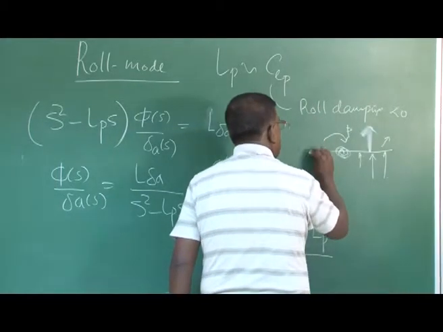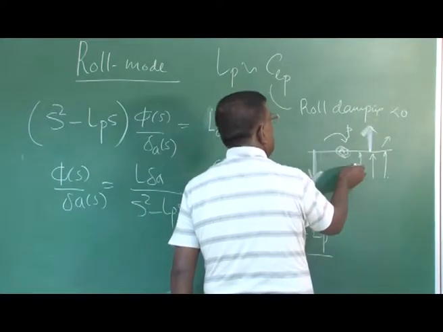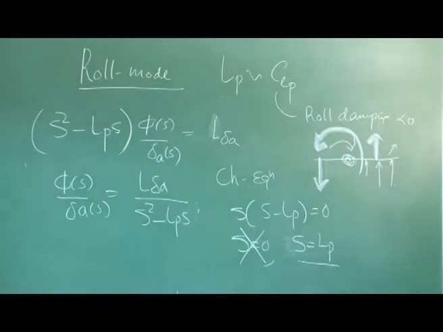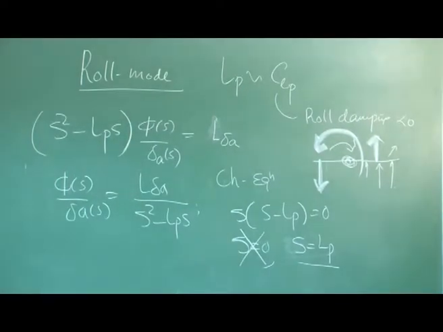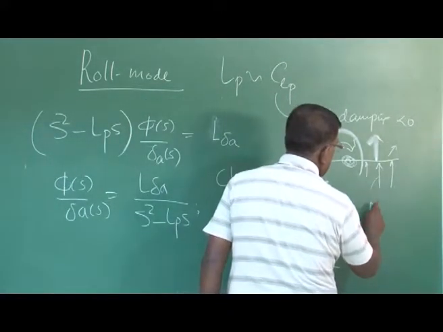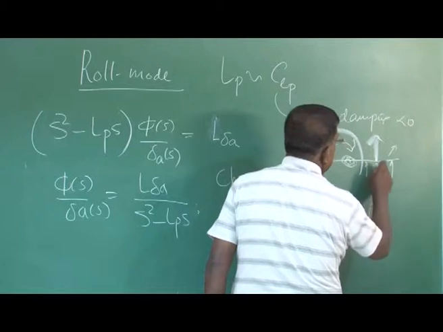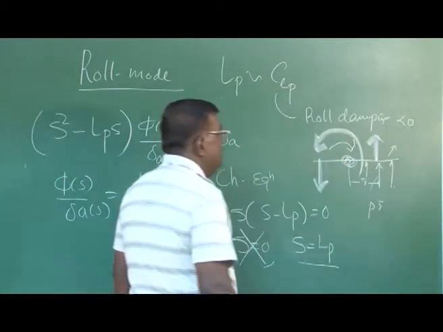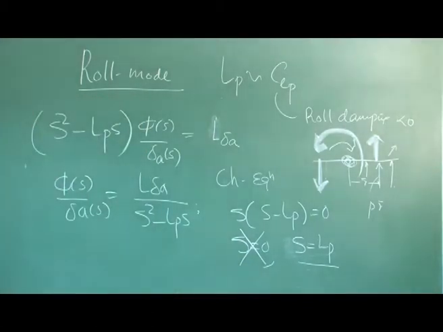So when it increases on one side, the reverse will happen on the other. This will give you a rolling moment like this. This is the roll damping, because the rolling moment is proportional to P. The induced velocity is proportional to P r bar, at a distance r bar from here, so this moment is proportional to the rate. So we say this is roll damping.